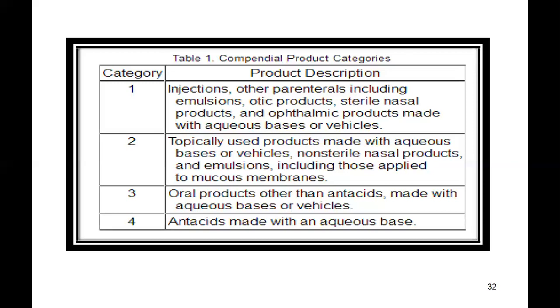In category 2, they have included topically used products made with aqueous bases or vehicles, non-sterile nasal products, and emulsions, including those applied to mucous membrane. In category 3, they have oral products other than antacids made with aqueous bases or vehicle. And category 4 is specifically for antacids made with aqueous base.